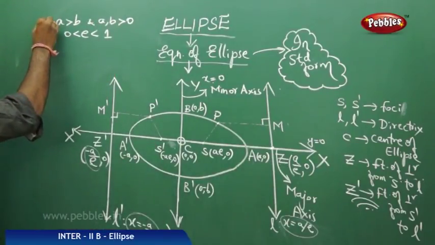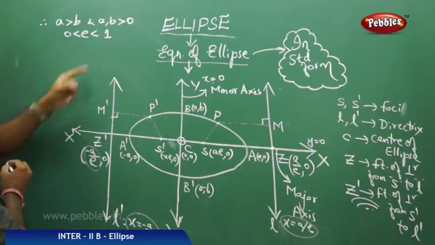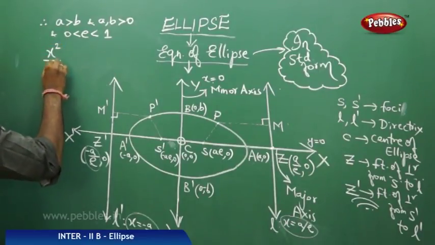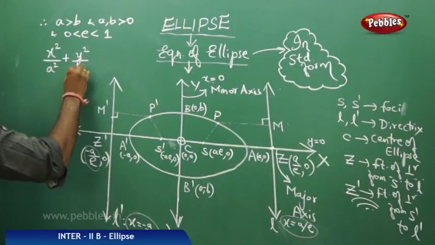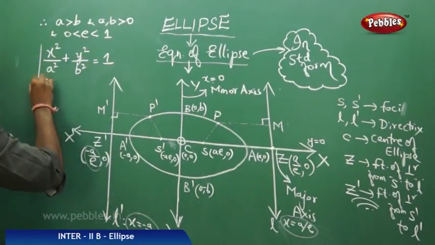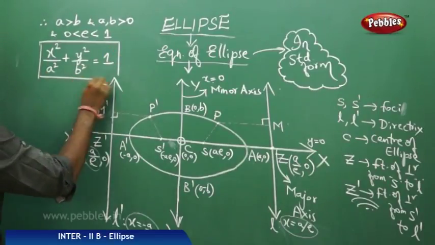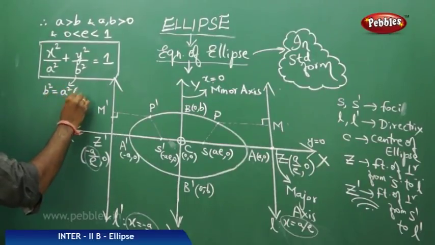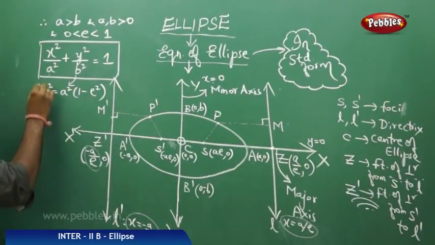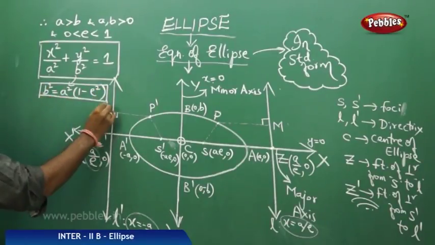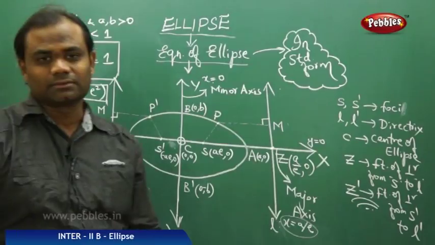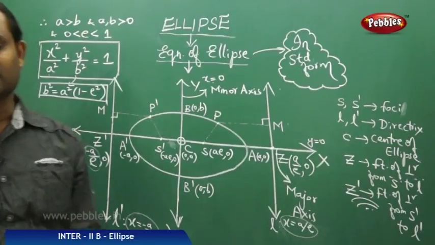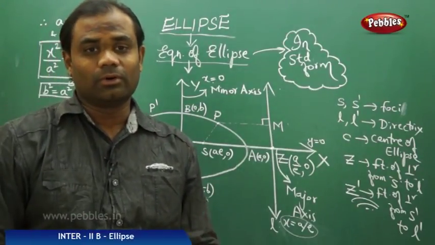So therefore, with the condition that a is greater than b, the equation of ellipse in standard form is given by, with b square equals, is what we get as the condition. The condition b square equals a square into 1 minus e square is the condition for standard form of ellipse.